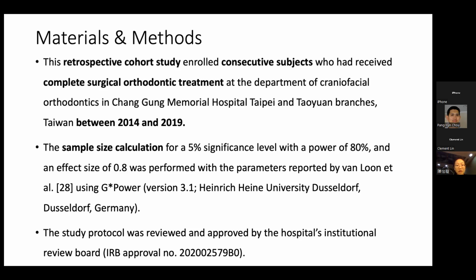The sample size calculation is for a 5% significance level with a power of 80% and an effect size of 0.8, and this is performed with the parameters reported by a further 3D volumetric study by Van Loon. And the study protocol was reviewed and approved by the hospital's IRB.